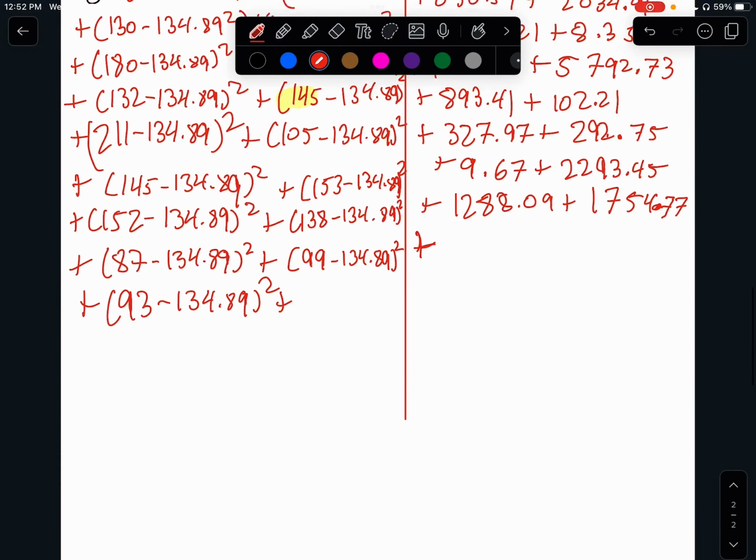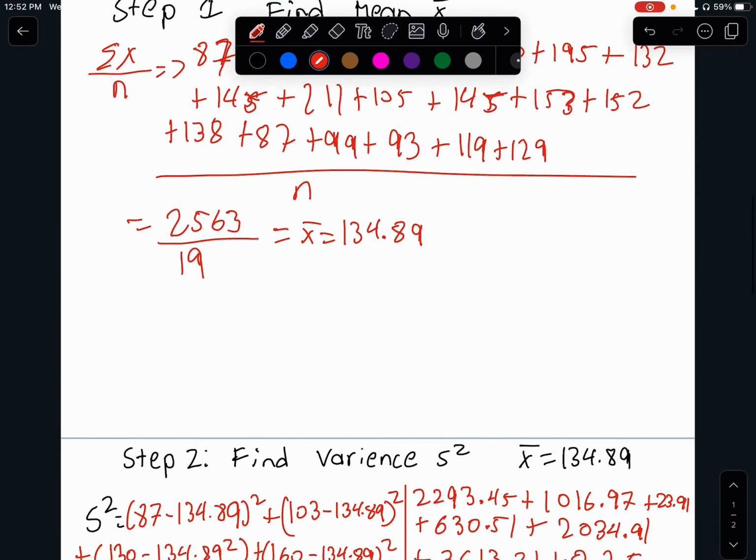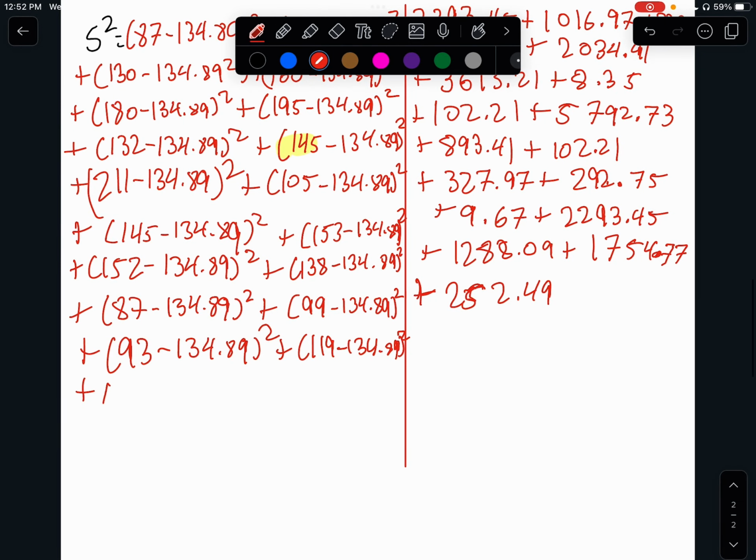119, we're almost done here, minus 134.89 to the power of 2 equals 252.49 plus our last one, 129 minus 134.89 to the power of 2.